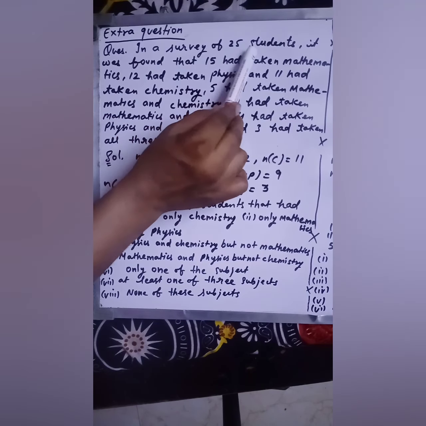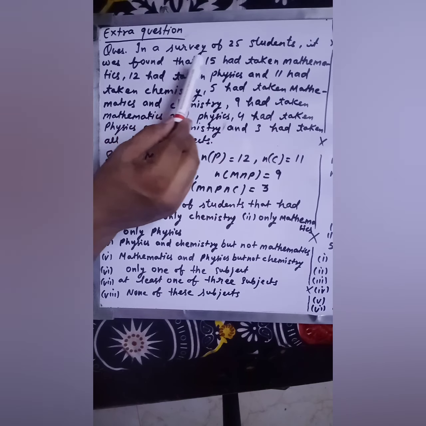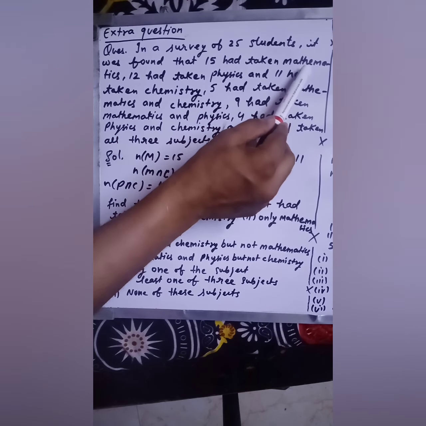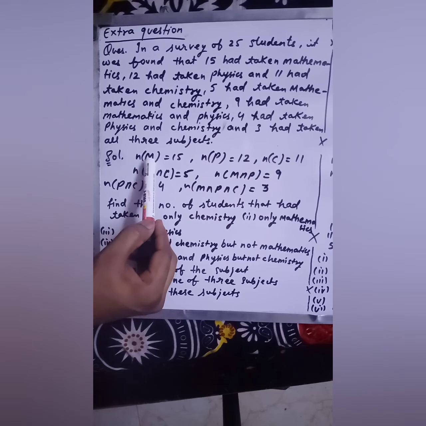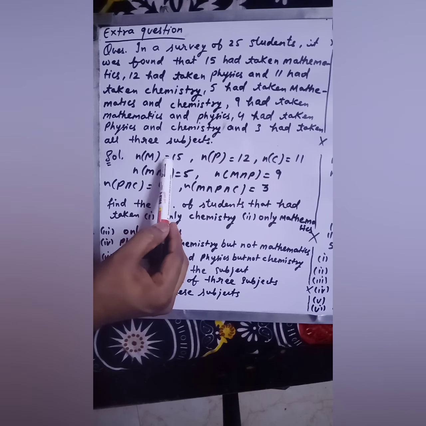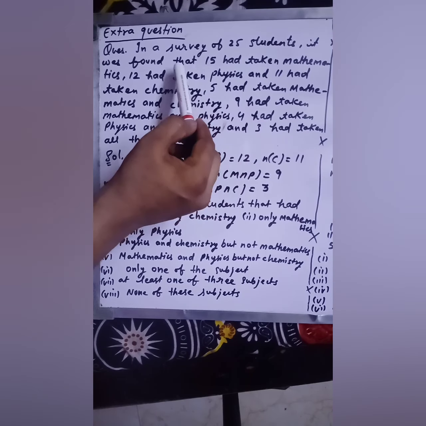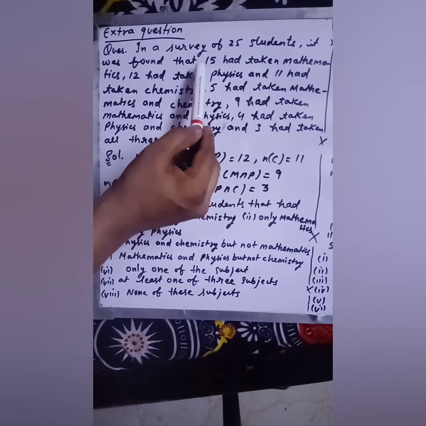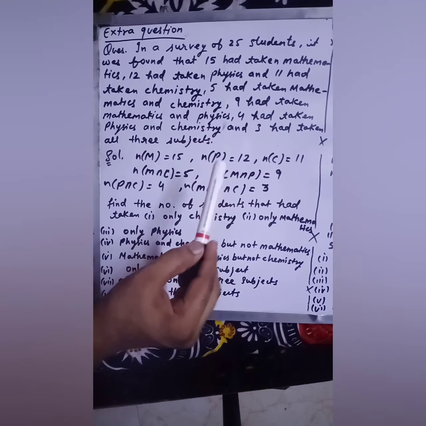In a survey of 25 students, it was found that 15 had taken mathematics. That means M I'm showing for mathematics, so n(M) equals 15. The number of students who had taken mathematics is 15, and 12 had taken physics.